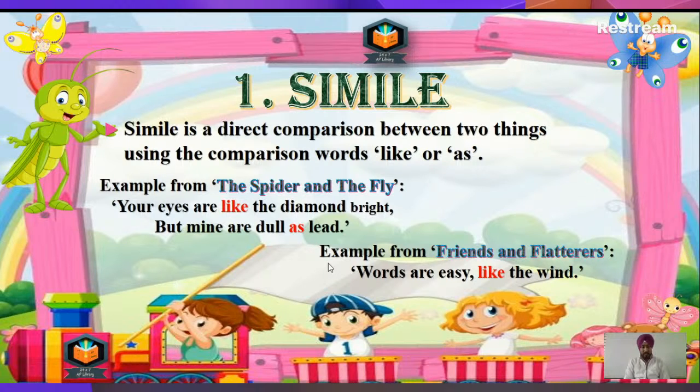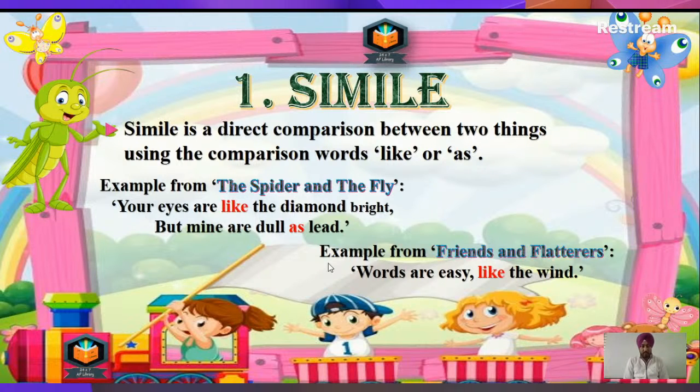Here we have the direct comparison between eyes and diamond, and the same quality is shown here, bright. Brightness in eyes and brightness in diamond, both are shown the same using the word like.